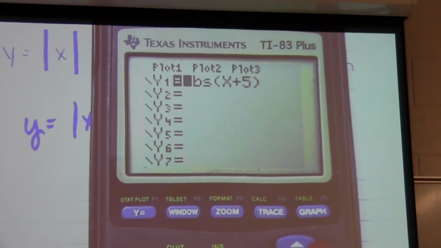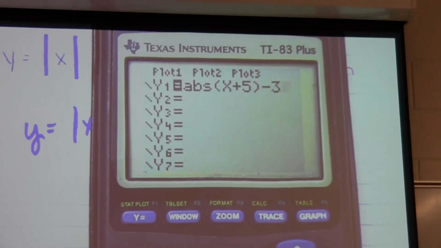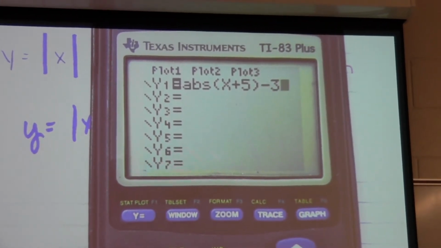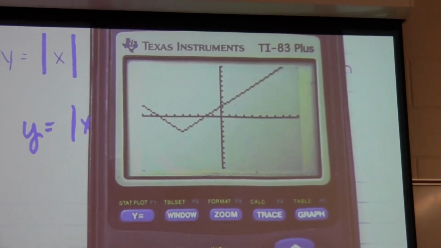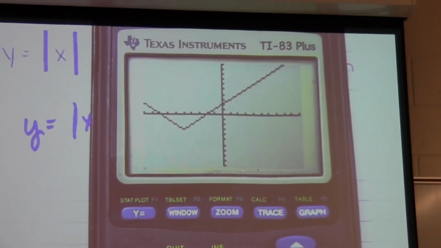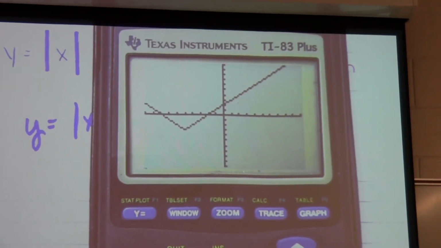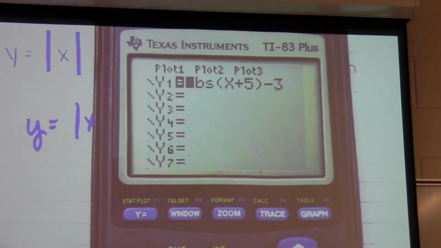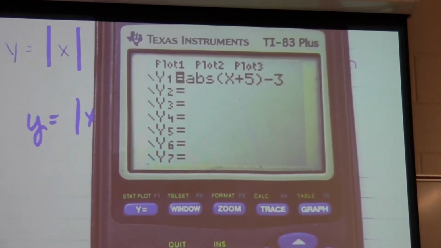Go back to your y equals and add minus 3. Now it should be left 5 and down 3. Good. Left and right if it's inside the parentheses. Now it looks like a sweet little check mark there. And if we were really so ambitious, we could add to the outside. So if you do second insert, a little negative sign.